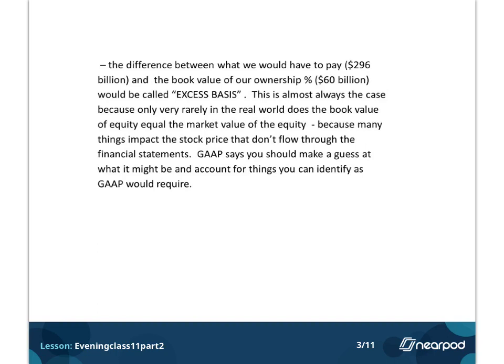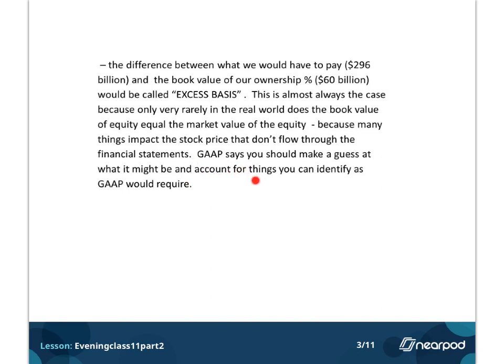It's almost always the case because in the real world it's very rare that the book value of equity equals the market value. It's hard to imagine an example where that would hold true because so many things impact the stock price that don't flow through the financial statements. So what GAAP says we need to do is make a guess at what might be the difference.